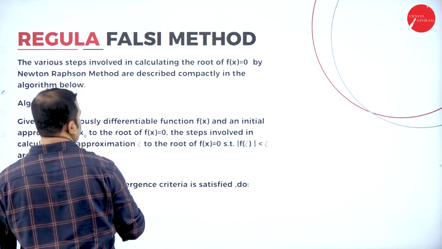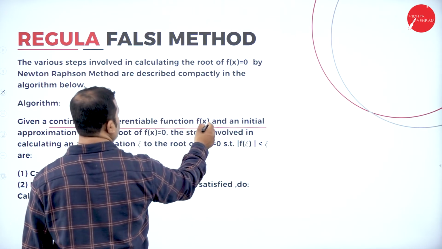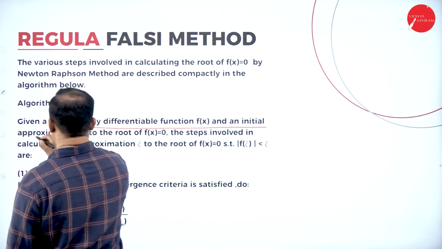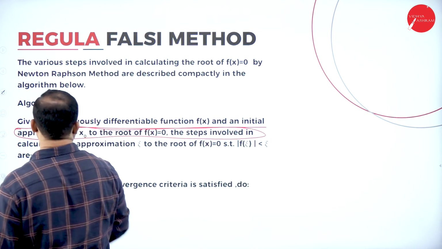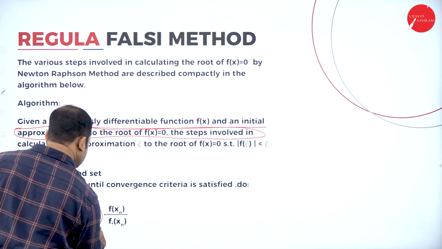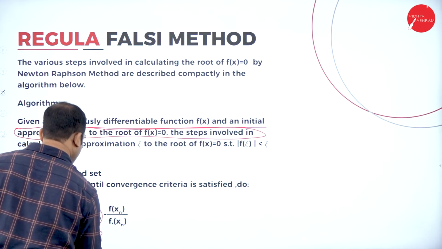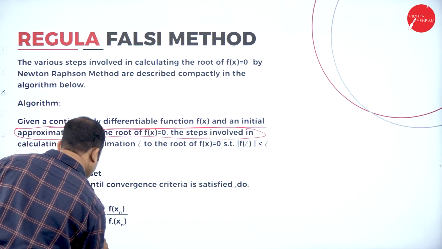See here, we have a continuously differentiable function f(x) and an initial value. What is the meaning of the approximation x0 considered here? This is the initial guess, x0. For x1 it is x0, for x2 it is x1, for x3 it is x2.